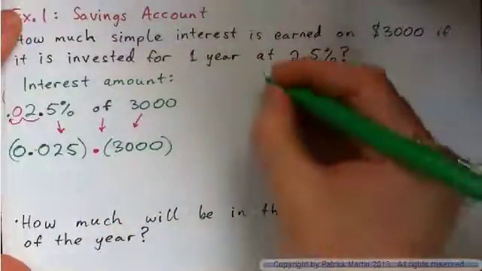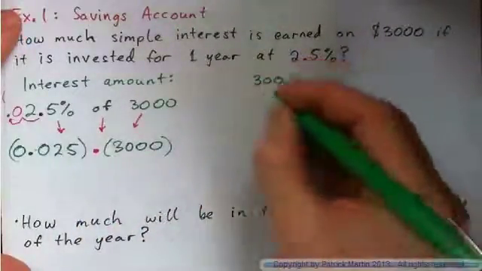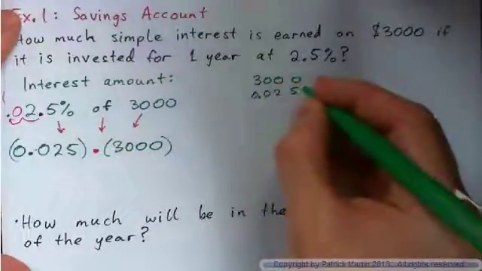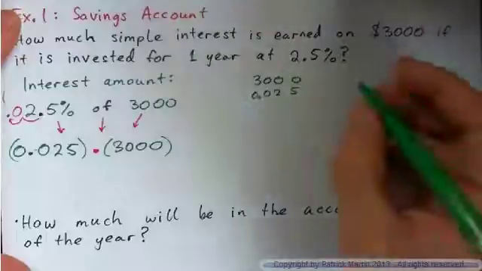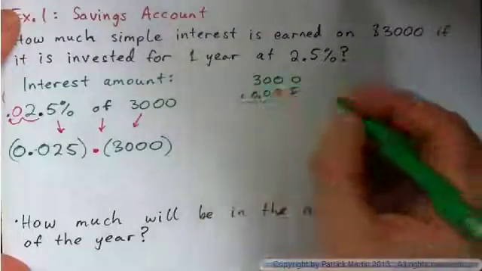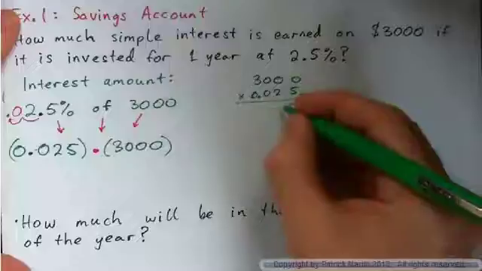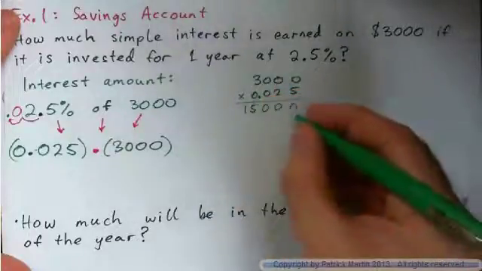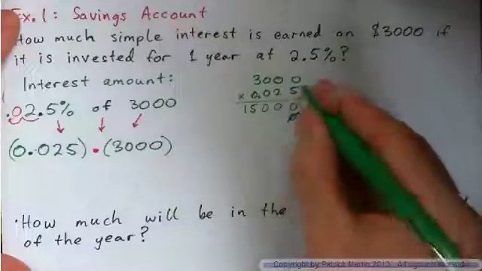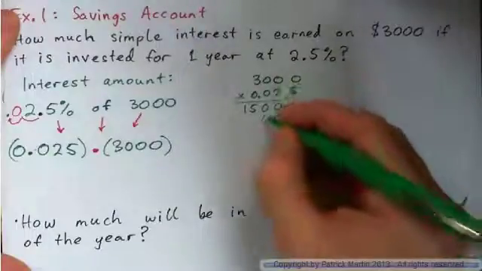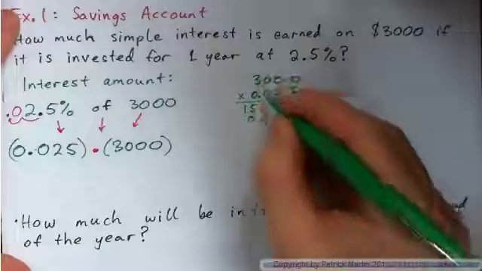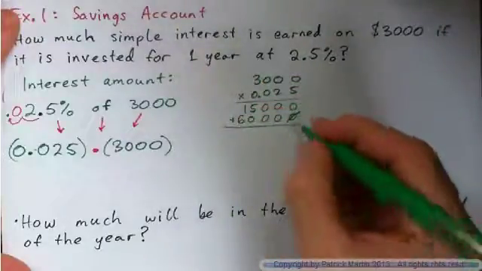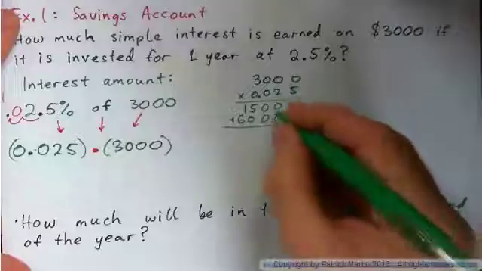So I guess we could calculate that. 5 times 0 is 0, 5 times 0 is 0, 5 times 0 is 0, 5 times 3 is 15. Put down a placeholder 0. 2 times 0 is 0, 2 times 0 is 0, 2 times 0 is 0, 2 times 3 is 6. I'll be careful where the units are here, or where you're placing your numbers.